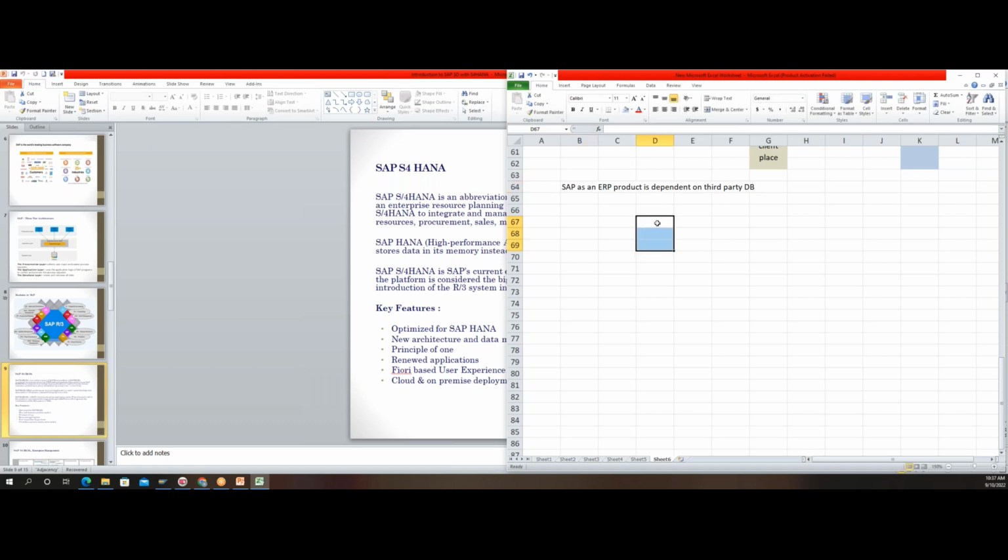Your three layers, which I mentioned, are the presentation layer, the application layer, and the database layer.